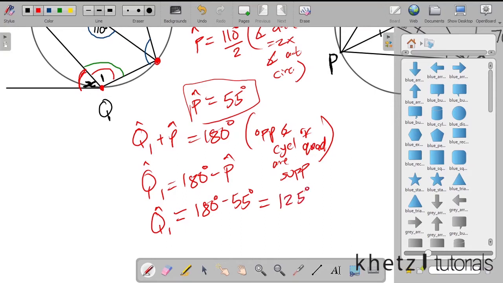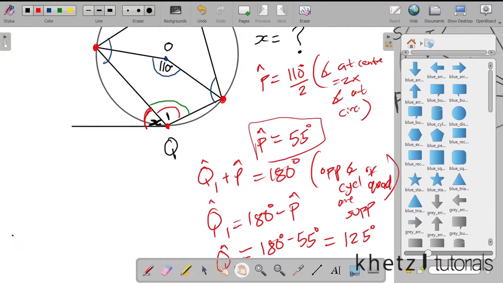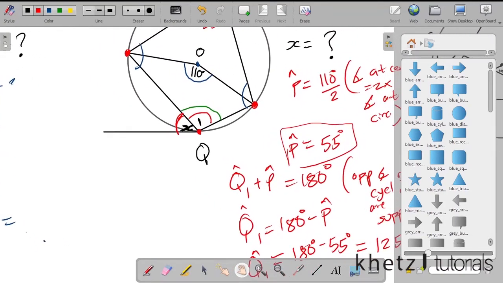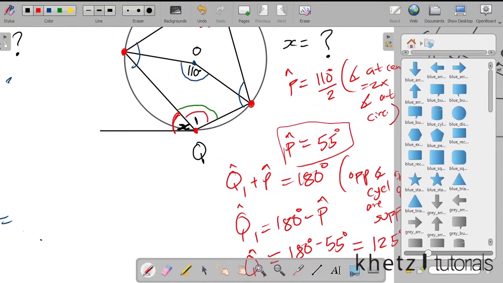So that is your value for Q1. And this Q1 is actually going to help us to find our X, which we're interested in. So X plus Q1 is equal to 180 degrees. The reason for that would be angles on a straight line, because they occur on this straight line, which is given to us here. So they basically have to add up to 180 degrees.